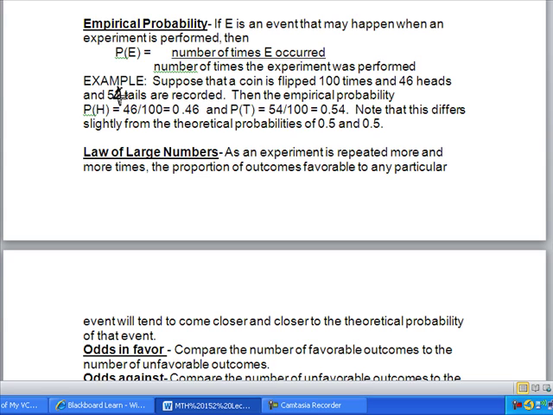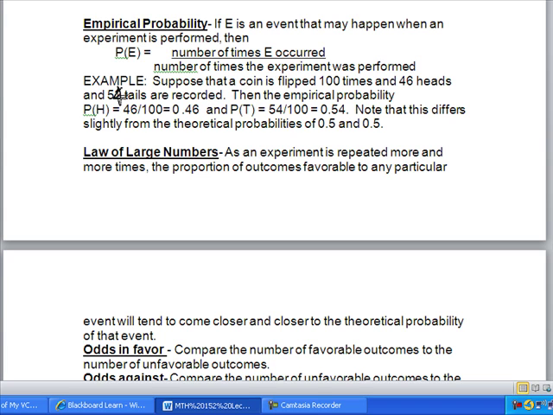Then the empirical probability of heads would be 46 out of 100, or 0.46. Probability of tails, on the other hand, because we had 54 tails out of the 100 tosses, would be 0.54.